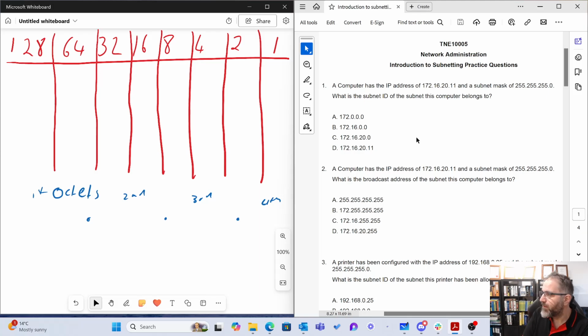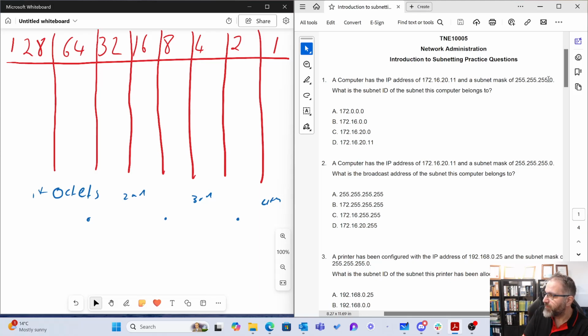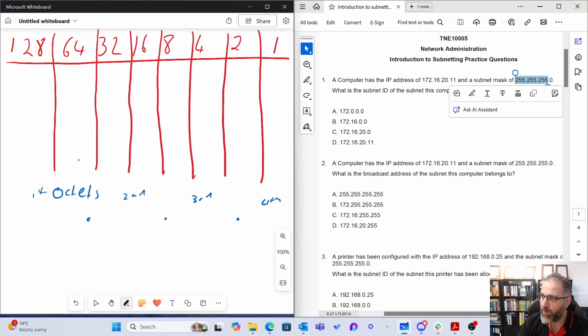Okay. Really easy. The network mask is 255.255.255. So for every 255, I'll put a 1 here on the left-hand side. Because I've got 4 octets, but 3 of them are network masks: 1, 2, 3, 4, 5, 6, 7, 8.